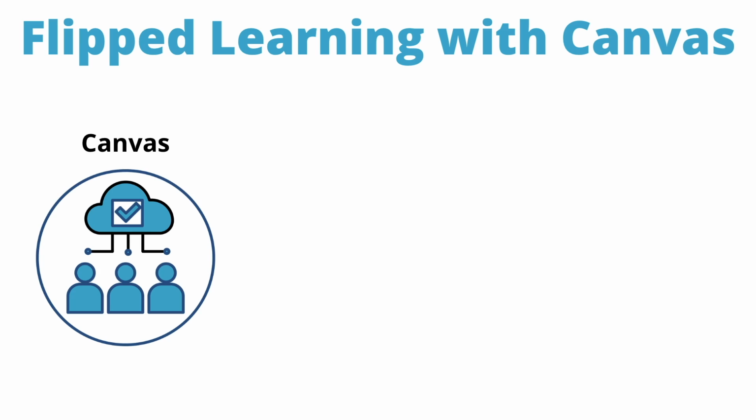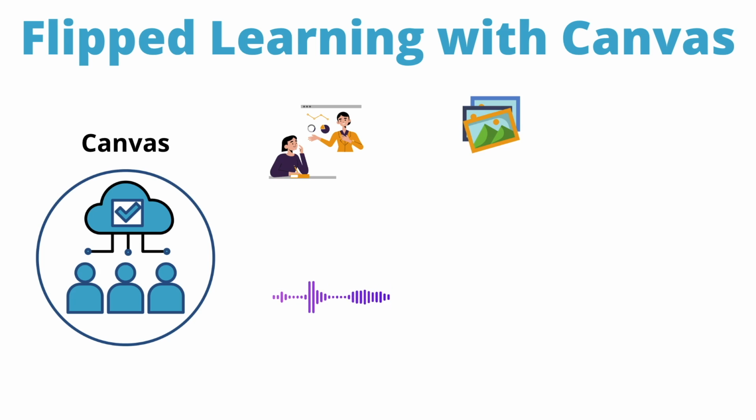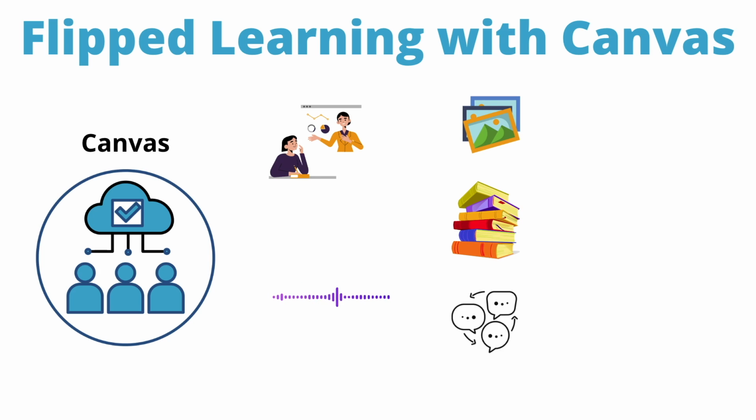So let's talk now more about flipped learning with Canvas. Canvas can help you to deliver your content to your students in video format, whether it's curated or created. You can provide them with audio resources. You can still have images. We encourage the blend of images with text. So you have your text, you have your discussions that students can be engaged with, whether they respond in textual format, audio format, video format.